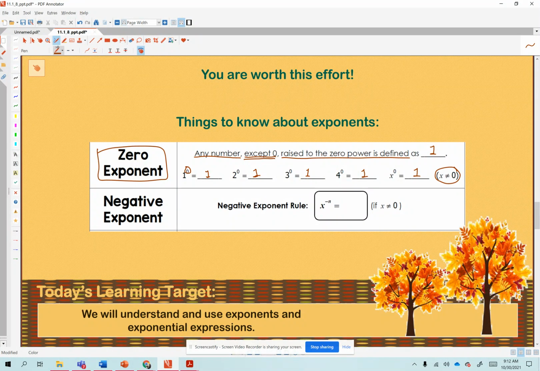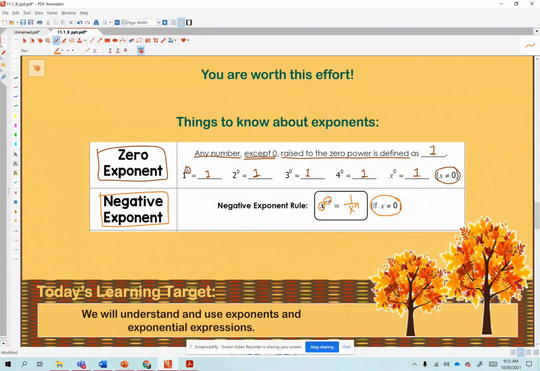We also have a negative exponent rule. And the negative exponent rule goes like this. If we have a base raised to a negative exponent, that equals that base in the denominator with that same exponent with a numerator of 1. And again, that is only if x is not equal to 0.